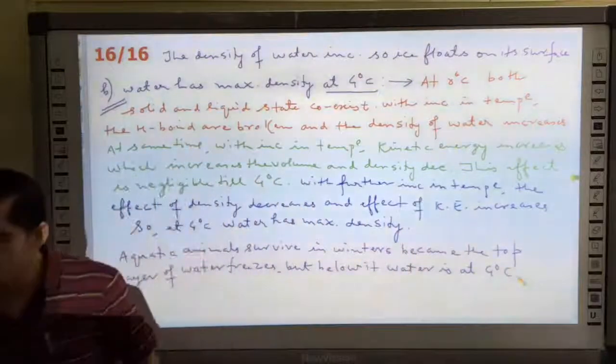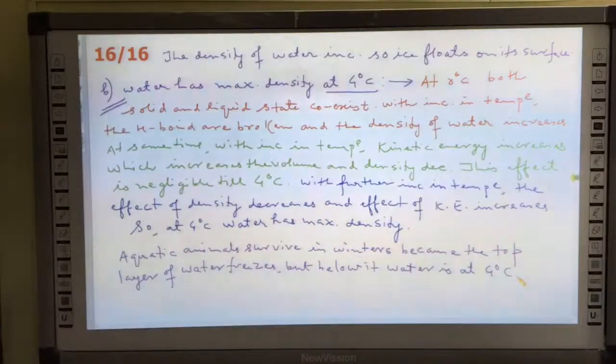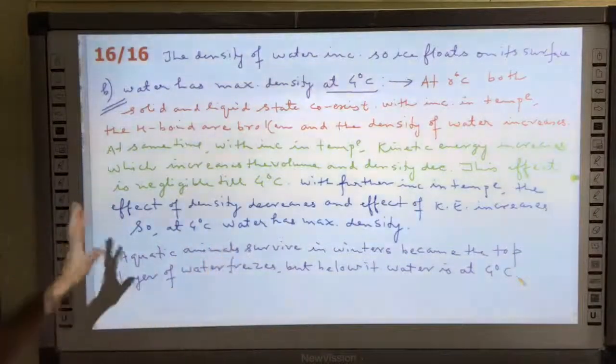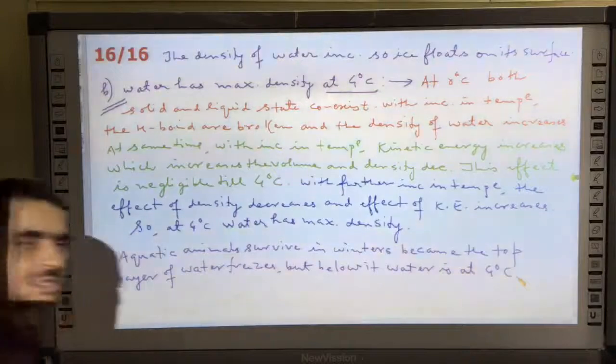So aquatic species can breathe, they can survive in winters. Clear? This should be very clear to you what I have taught you. This is all about water.